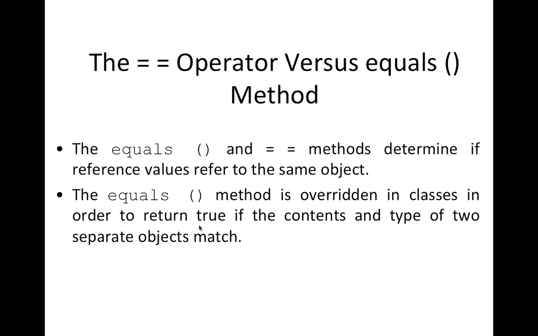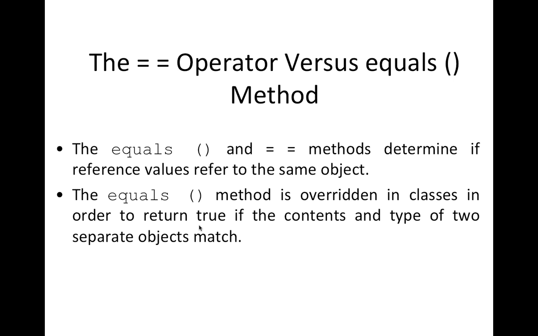That means if int x equals 2 and y equal to x, then if you say y equal to x, that's true because they both are referring to the same value, right? Or if you say x equals 2 and y equals 2, x equal to y, that is also true because both have the same value.